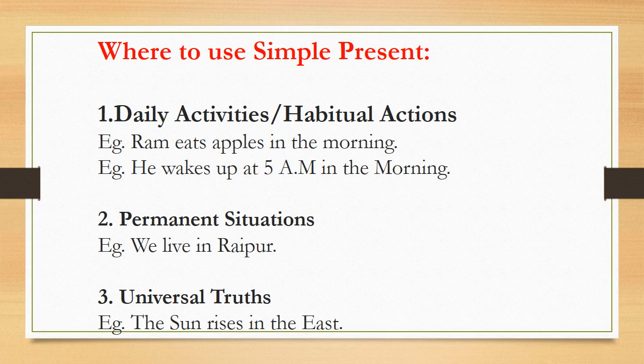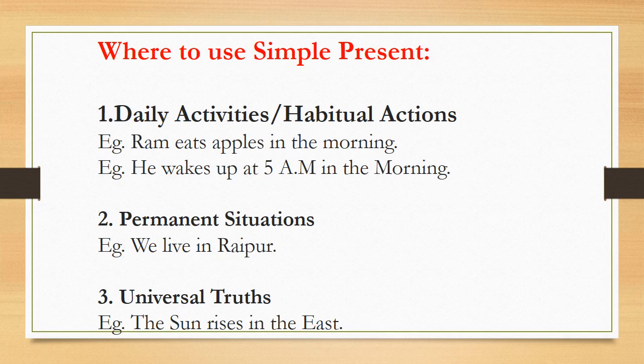It is continuous and we don't know when this action will actually come to an end. Next example, we can say he wakes up at 5 a.m. in the morning. It means he will wake up at 5 a.m. regularly every day, and this action of his waking up will happen every day without any stoppage.